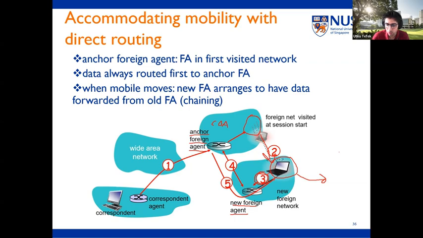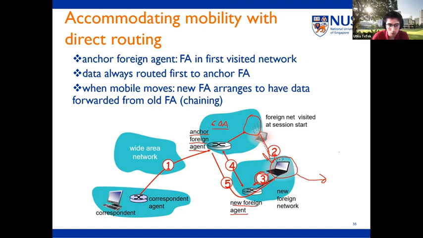Could you repeat what was the role of the anchor foreign agent? Sure. So this anchor foreign agent keeps track of the care of address of the mobile. Whenever mobile moves to a new foreign network, the care of address provided by the new foreign network is always sent to this anchor foreign agent, and the foreign agent always keeps track of the COA.